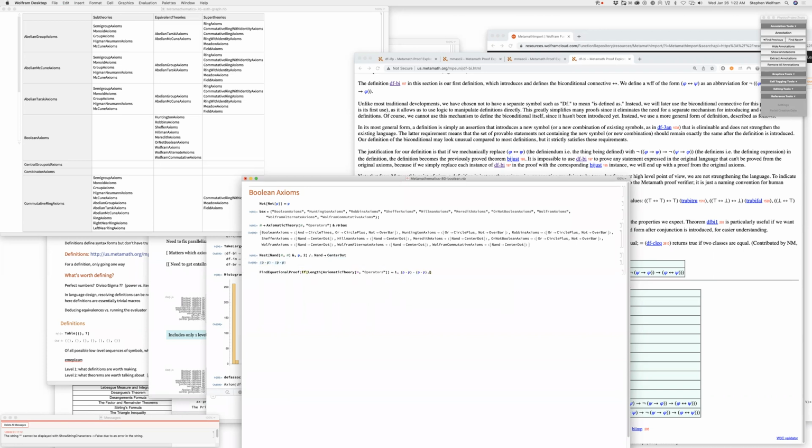Otherwise it's going to be overbar of overbar p equals p.